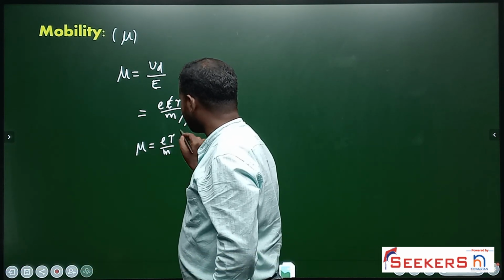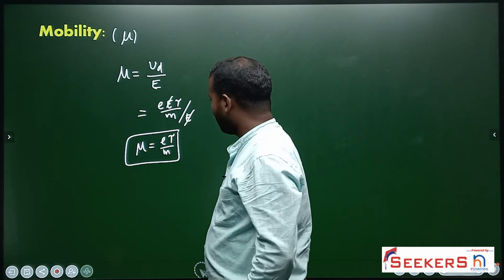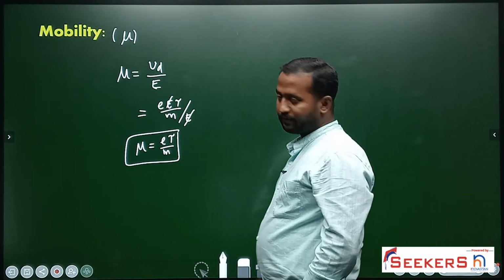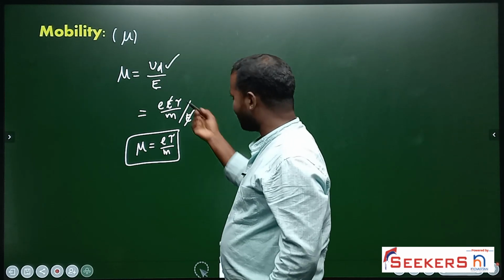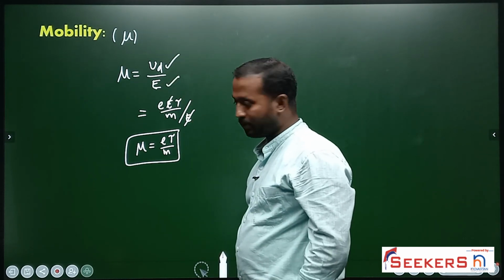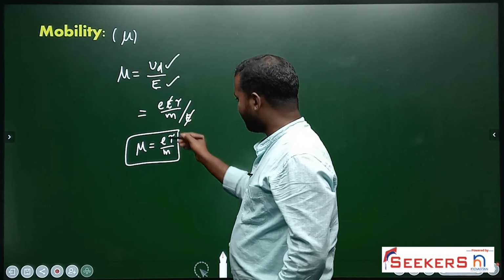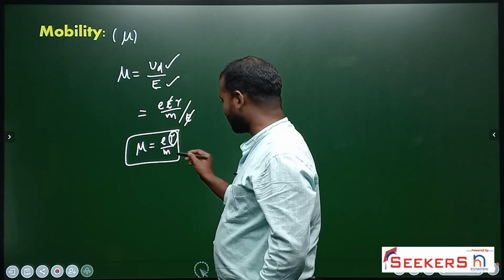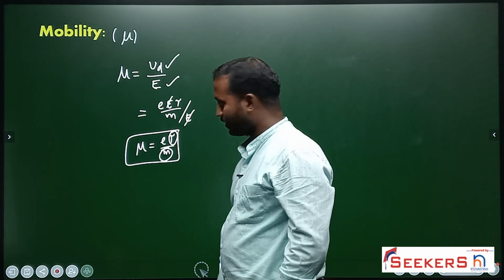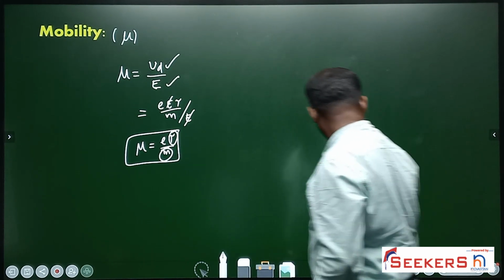This is the mobility expression. Now you can see that even though it is defined as the drift velocity per unit electric field, it doesn't depend upon the field. It depends mostly on the relaxation time, the charge of the particle, the mass of the particle, and so on. Okay, so that's what mobility is.